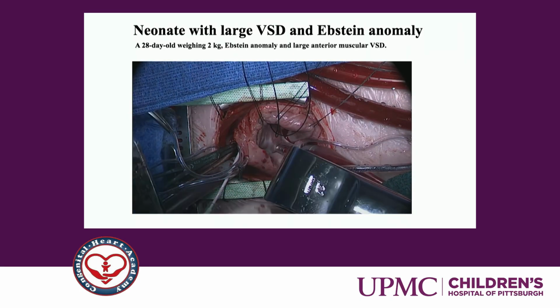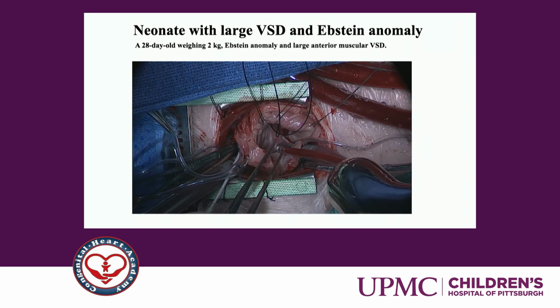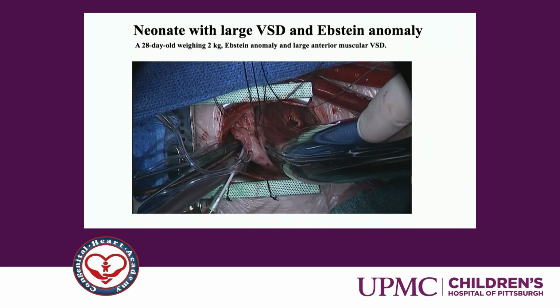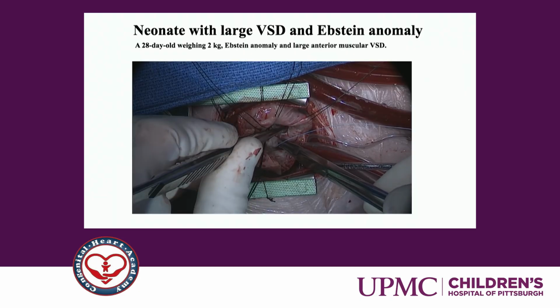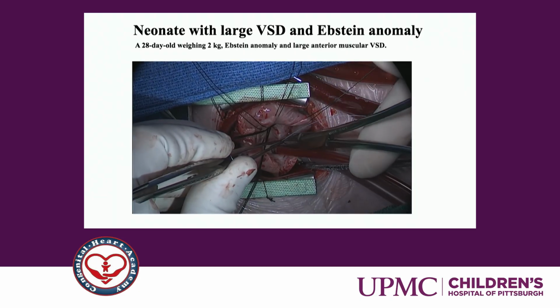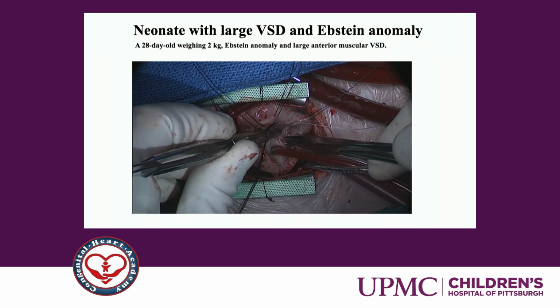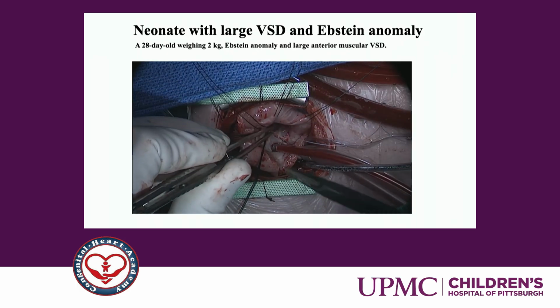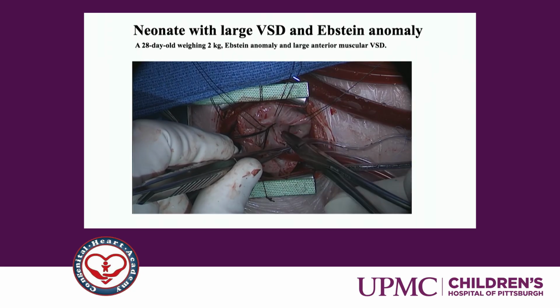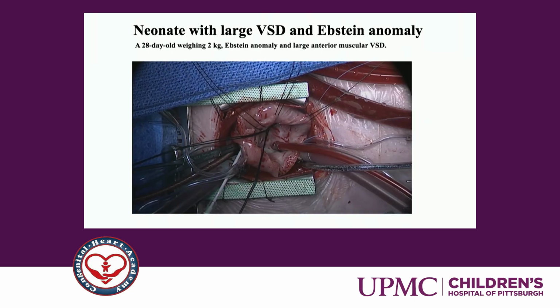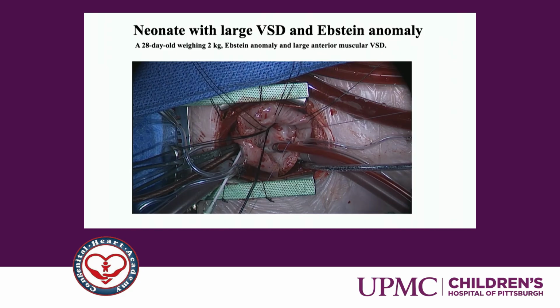Now, this is the largest Hegar dilator that we have at our disposal, size 27, and it goes easily through the tricuspid valve in this 2 kilogram baby. The estimated size of the tricuspid valve for a 2 kilogram baby is about 10, 12, 14 millimeters, and I aim to reduce the annulus to 14 millimeters.